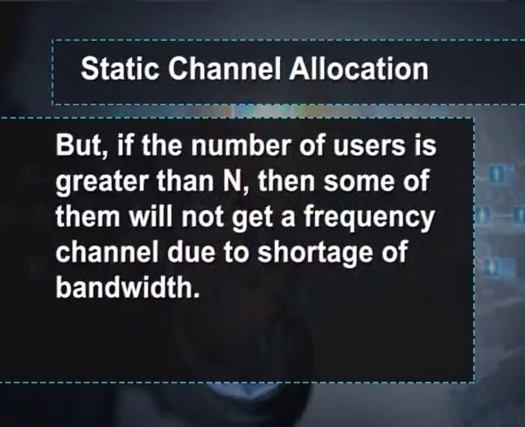When number of users in the LAN is large with constantly varying traffic, then the bandwidth is divided equally into n partitions. If the number of users is less than n, then a significant portion of frequency spectrum is wasted. But if the number of users is greater than n, then some of them will not get a frequency channel due to shortage of bandwidth.